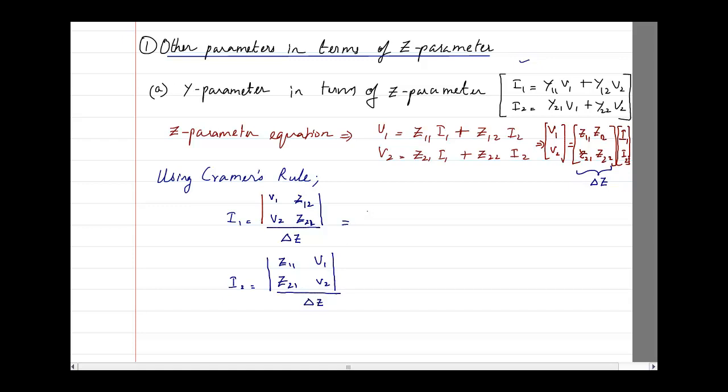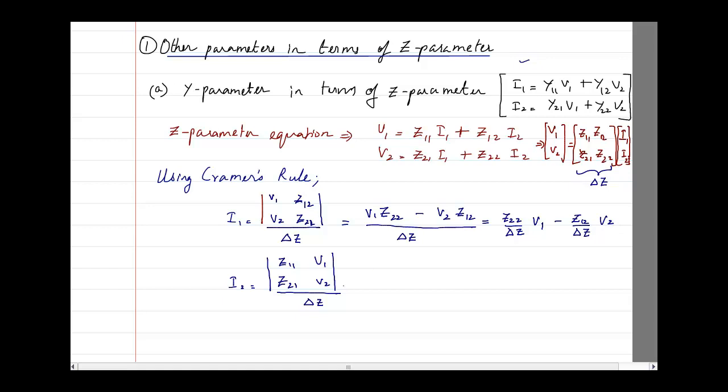So what is the determinant here? Here it is going to be V1 Z22 minus V2 Z12 divided by delta Z, which in a way I can write as Z22 by delta Z into V1 minus Z12 divided by delta Z into V2.